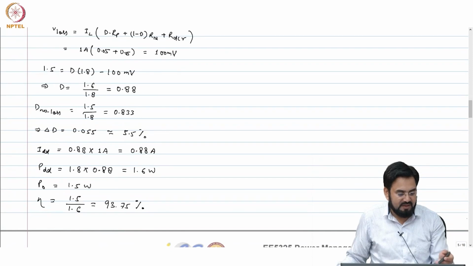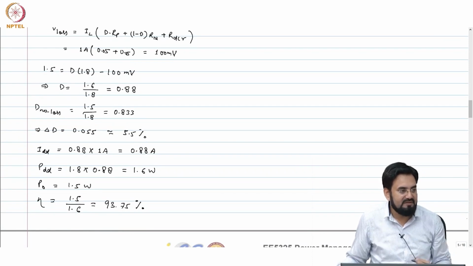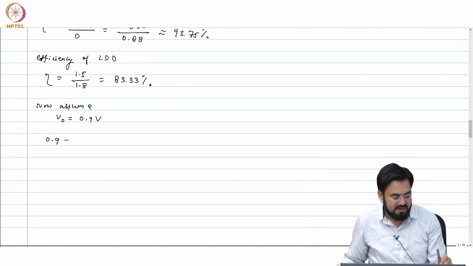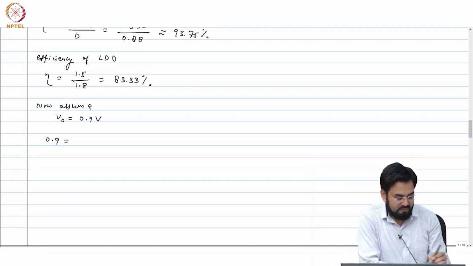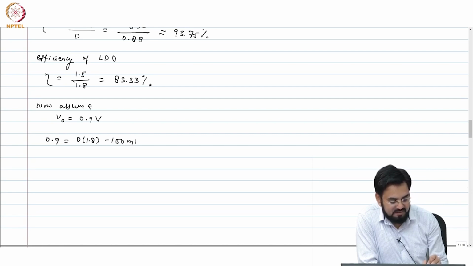So from the same formula, only this factor will change. Okay, 1.5 will become 0.9. So 0.9 equal to D times 1.8 minus 100 millivolts.